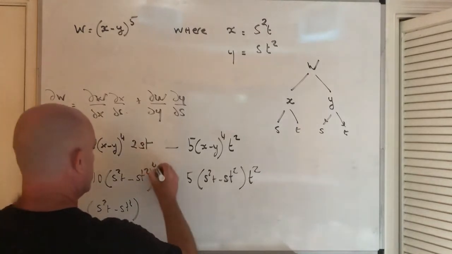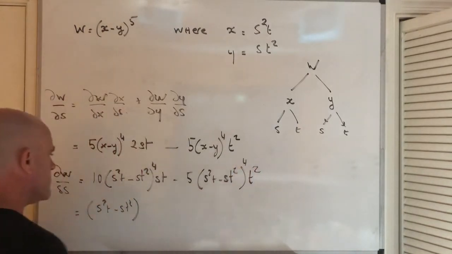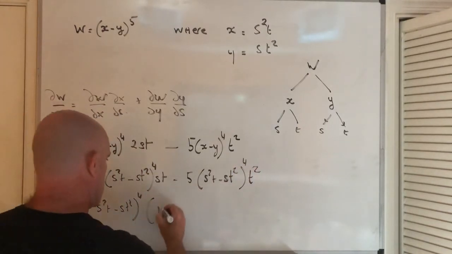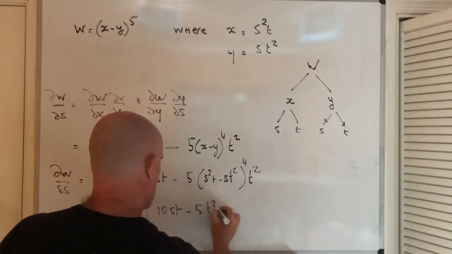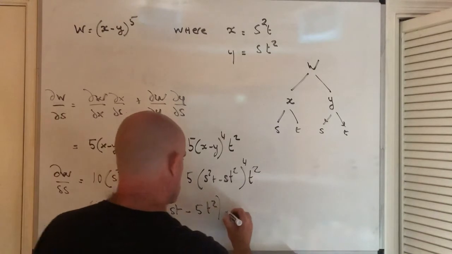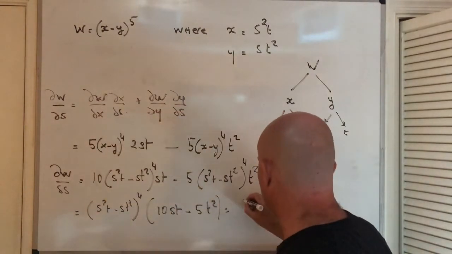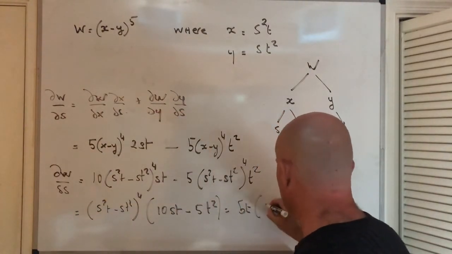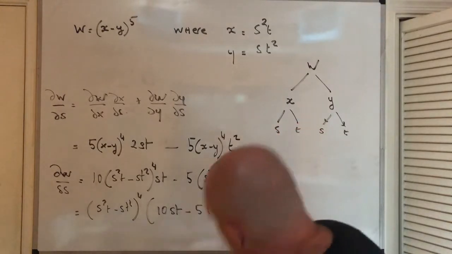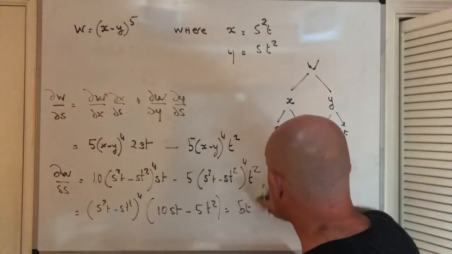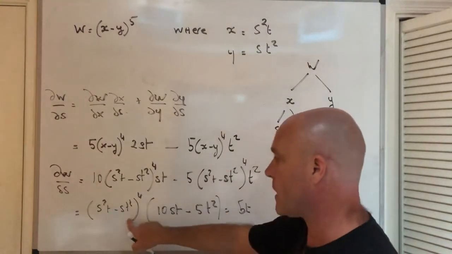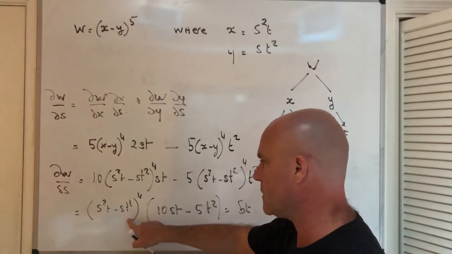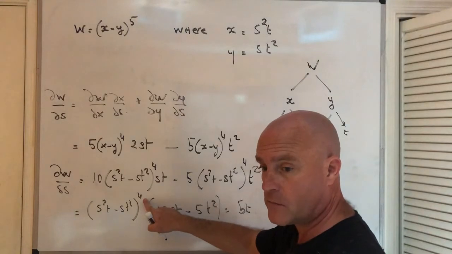So I forgot the power 4 here, sorry. To the power 4 times 10 st minus 5 t squared. Well, you could also factorize the 5 by 5t everywhere. Let's say I really want to make things neatly, so I would factorize this bracket, inside the bracket, by st and raise the factorization by 4.